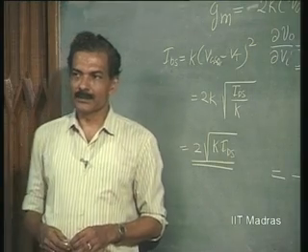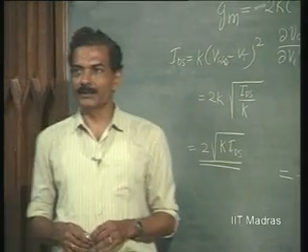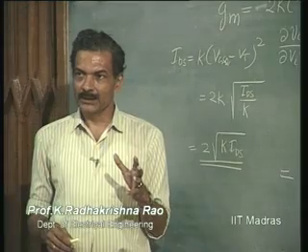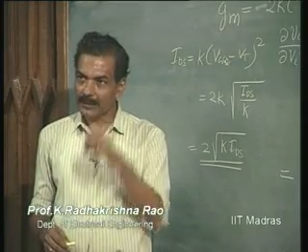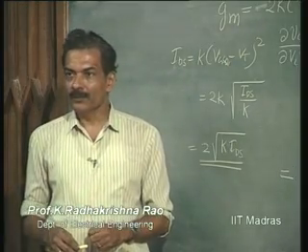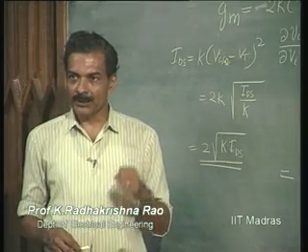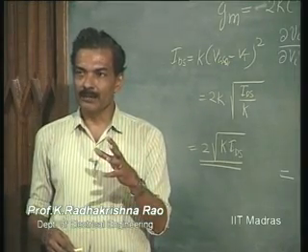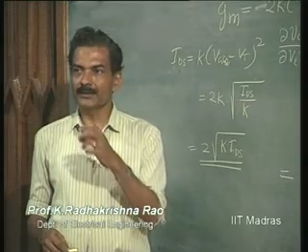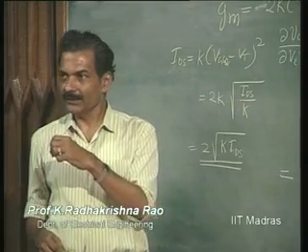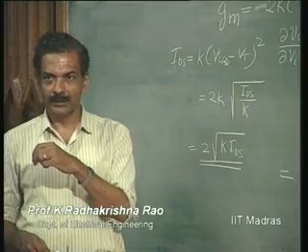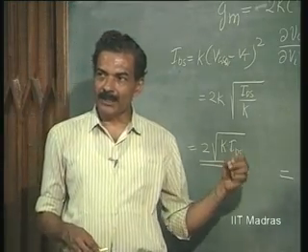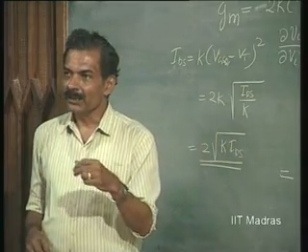For FETs of similar dimension compared to the BJT, the value of GM is typically one order of magnitude less than that of the corresponding bipolar junction transistor. For example, if a bipolar junction transistor at 1 milliampere has 40 millisiemens as GM, then the corresponding GM for the FET is going to be about 4 millisiemens.